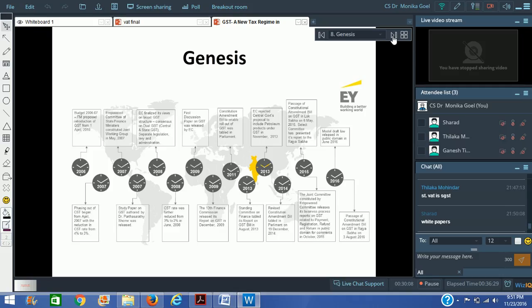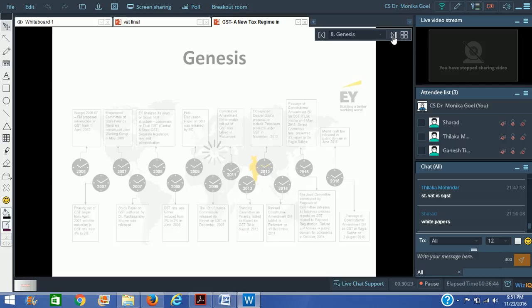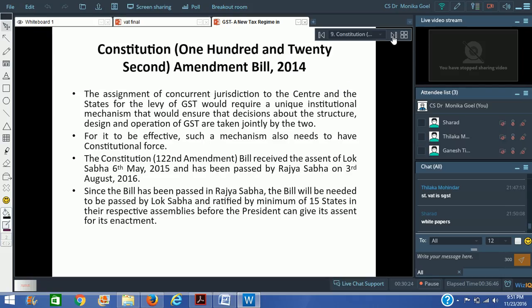In 2014, the revised constitutional amendment bill was again tabled before the parliament. In 2015, on 6th May 2015, Lok Sabha passed the constitutional amendment bill. Then it was presented to Rajya Sabha, which approved it in August 2016, and thereafter, in September, the President gave his consent.